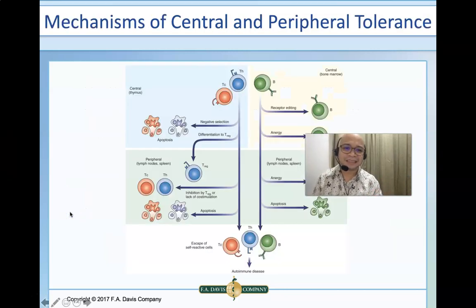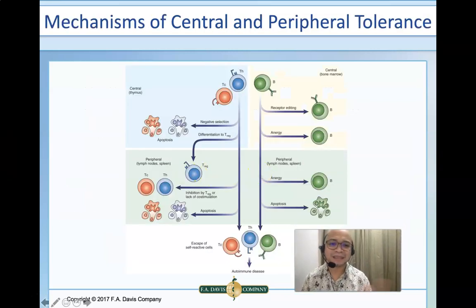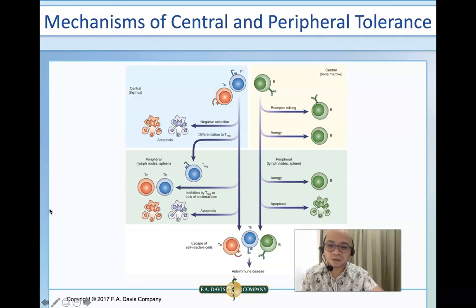So, as you can see here in the illustration, there is what you call the mechanism of central and peripheral tolerance. Under normal circumstances, central tolerance occurs in the thymus and also in the bone marrow, while peripheral tolerance occurs in the lymph nodes and in the spleen. Under normal circumstances, our immune system is able to differentiate between self-antigen and non-self-antigen.